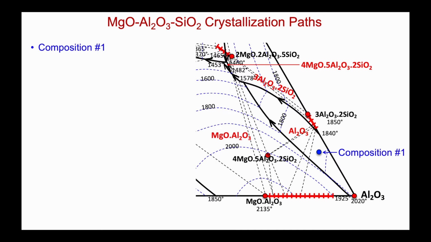Well, the first thing, if you remember, is to identify the final product. What will we have after all is said and done and we've cooled down to room temperature? So we want to ignore all of the information except that which pertains to the solid state stabilities. In other words, we want to look at the alkemade lines. Now we've got to be careful here, because with the solid solutions there's a lot of lines, some of which constitute two-phase regions. Let's put those aside and let's just focus on composition number 1.